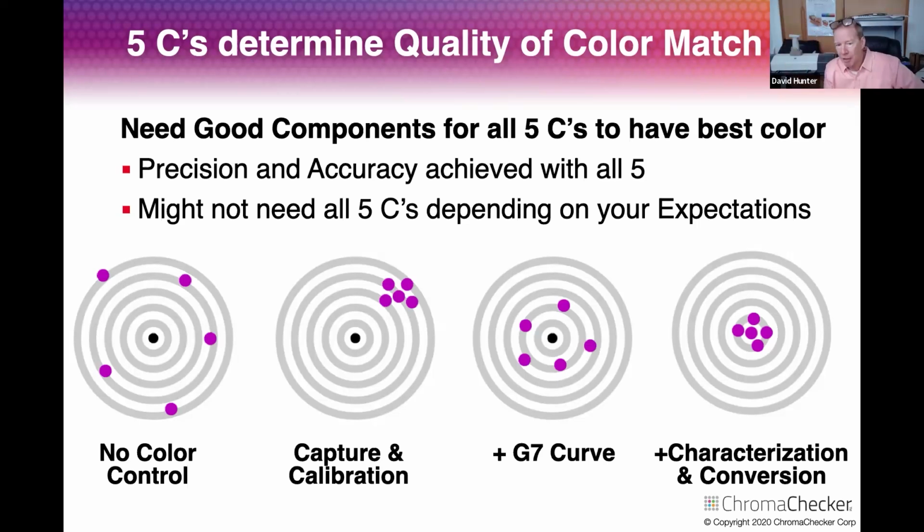Next, if we add a G7 curve into the mix, we can improve accuracy. So on the third bullseye, we have fairly accurate, but not very precise, because the printer is very inconsistent. And then on the right side, if we do both characterization and conversion with the calibration and the capture, we can have cluster prints right around the bullseye, which is the highest level of precision and the highest level of accuracy.